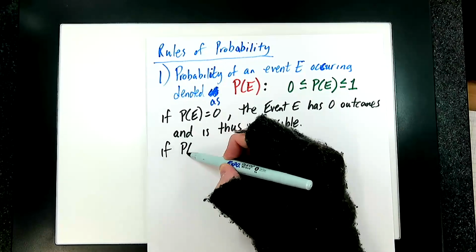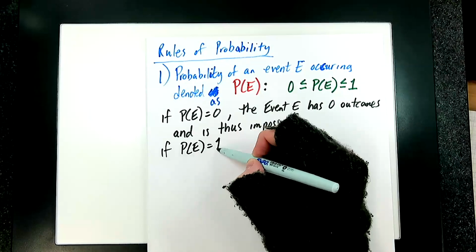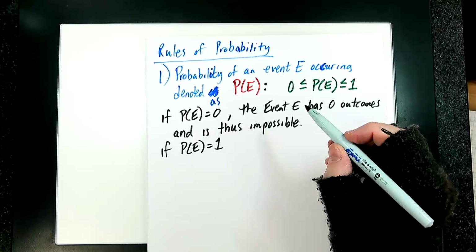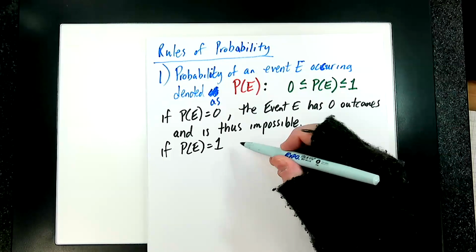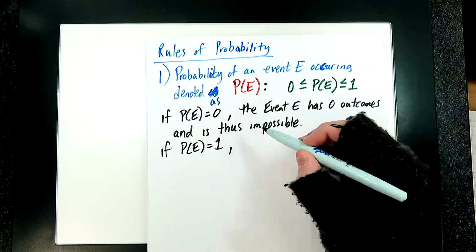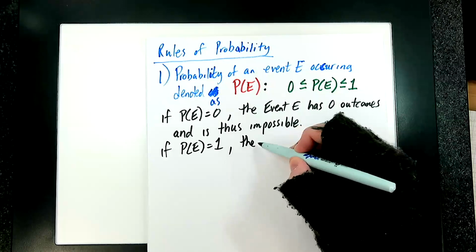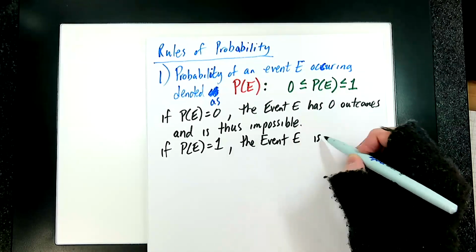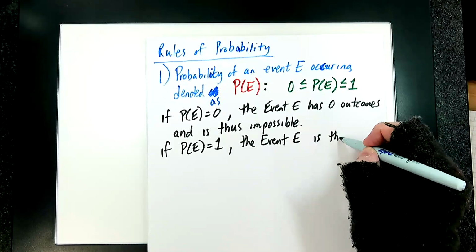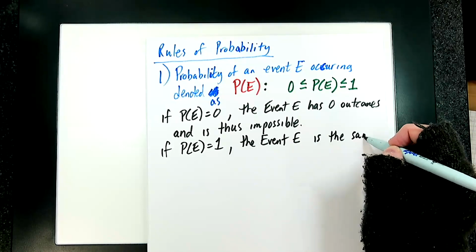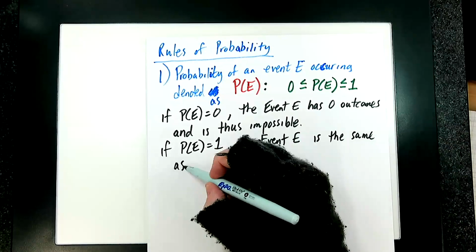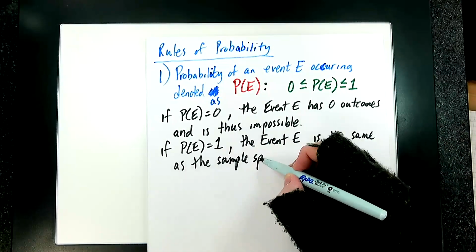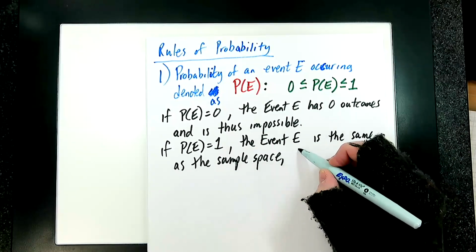If P of E equals 1, the event E is the same as the sample space, which means it's guaranteed to occur.